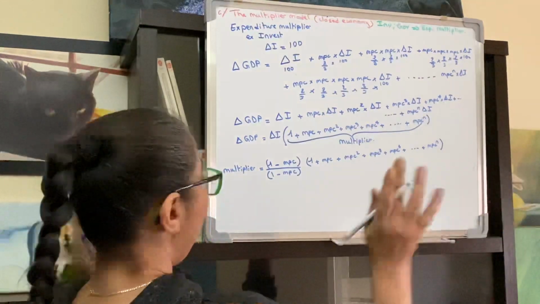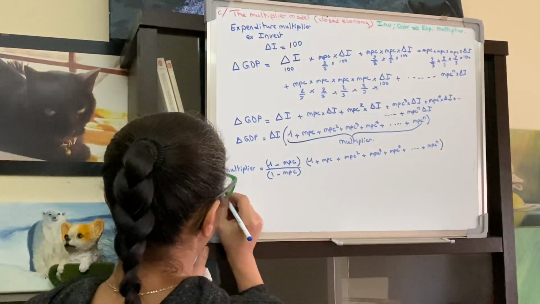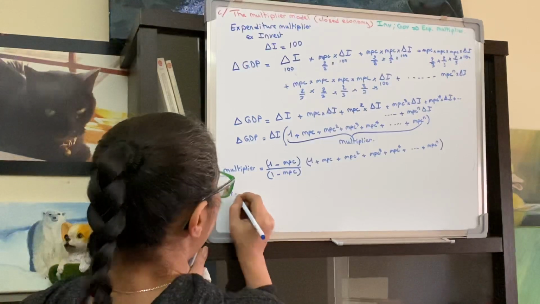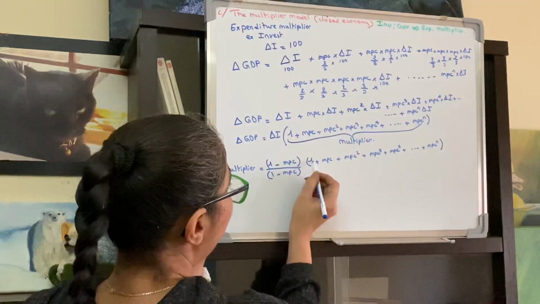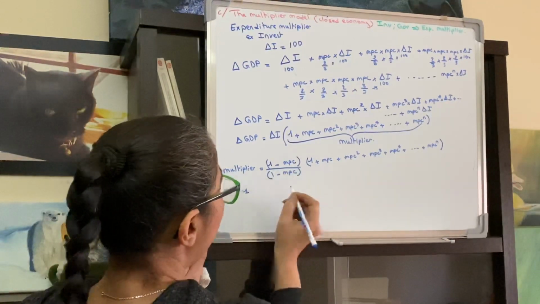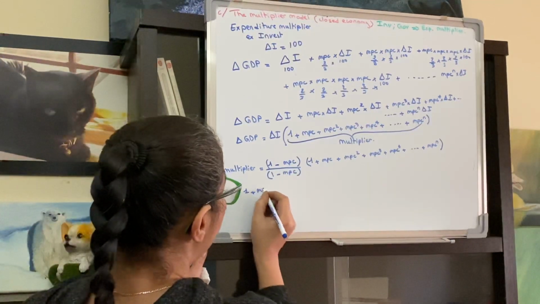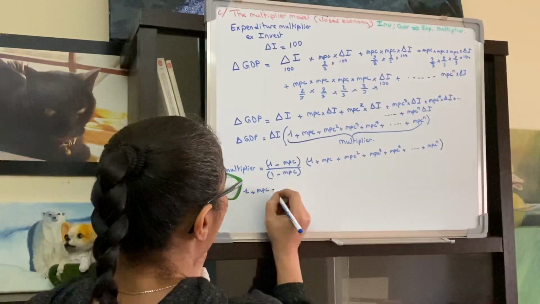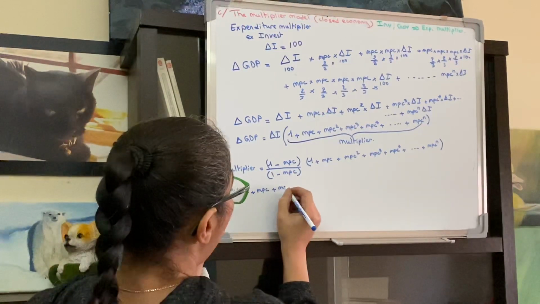Now I'm going to open it. So the multiplier is going to be equal: 1 times 1 is equal to 1. 1 times MPC is equal to MPC. 1 times MPC square is equal to MPC square.